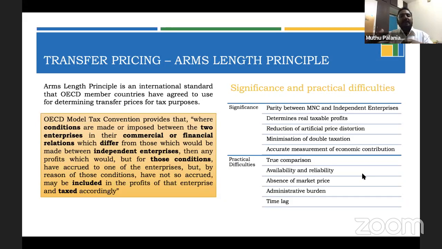So whatever is generated out of India must become taxable in India. So this becomes key. The arm's length principle determines the exact economic contribution, what has to be treated and taxed in India. So this becomes very significant because of the arm's length principle.